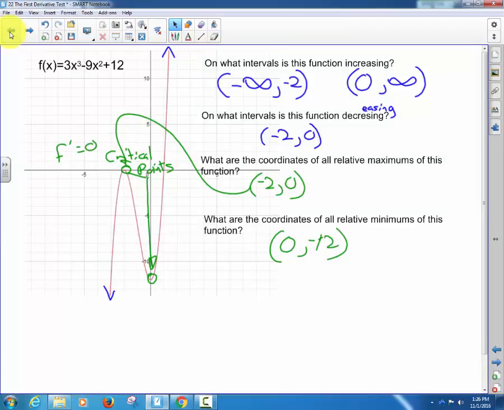Well, I don't know if they're maxes or mins or whatever, so how can we figure out whether the function's increasing or decreasing before that? Plug in numbers. How are those numbers going to tell us? Whether the function value is positive or negative. Yes, it is.